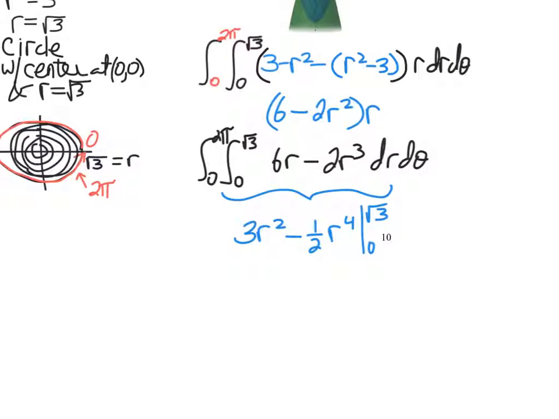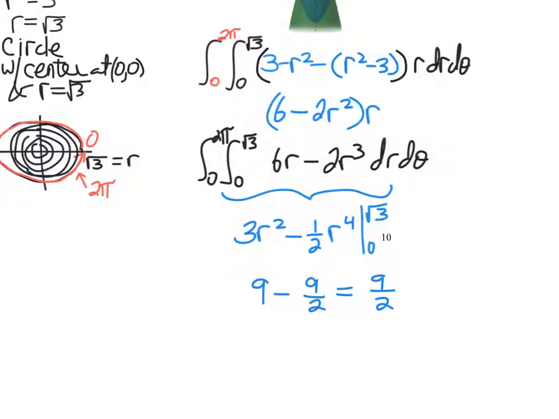The 0 is going to be irrelevant. We're looking at 9. Root 3 squared is 3 times 3 is 9. Minus 1/2 times, root 3 to the 4th power is really the same as 3 squared. So 9 minus 9/2 would be 9/2.